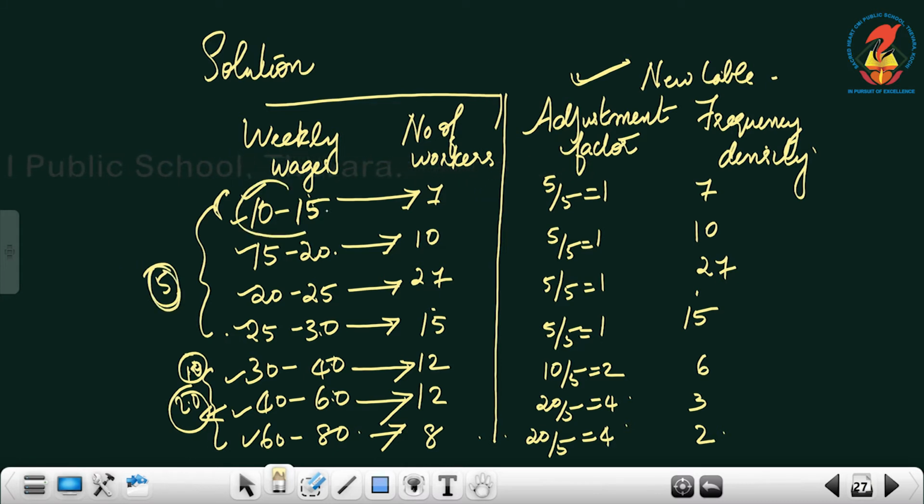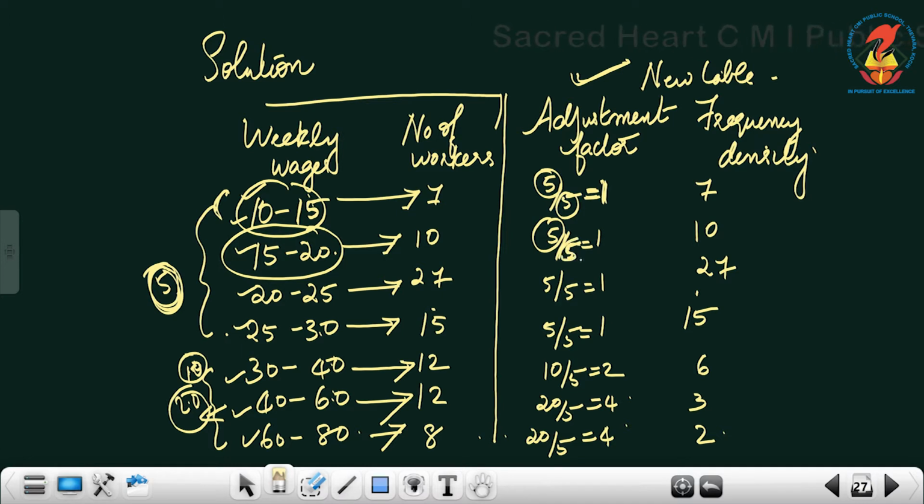So, the class size of the first class is 5, and the lowest class interval in general is 5. So, 5 by 5 is equal to 1. Next, 15 to 20, what is the size of the class? 5. What is the general lowest class interval? It is 5. 5 by 5 is equal to 1. Next, 20 to 25, what is the size of the class? 5. 5 divided by the lowest class interval, which is the lowest class interval?